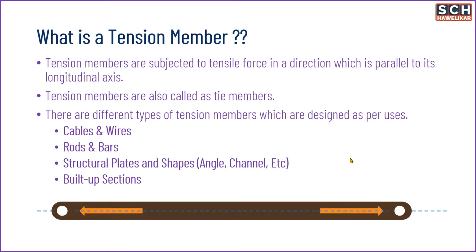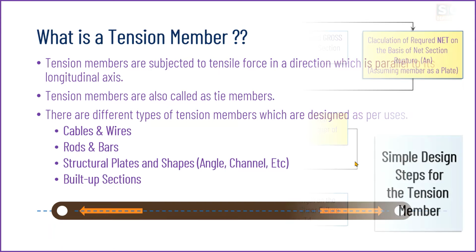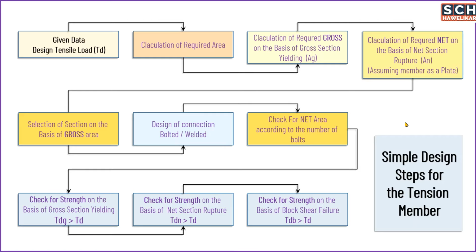And in some cases, particularly in the design of trusses, the condition may occur that the section is subjected to reversible stresses, and in that case, we provide a tension member in the form of a built-up section.